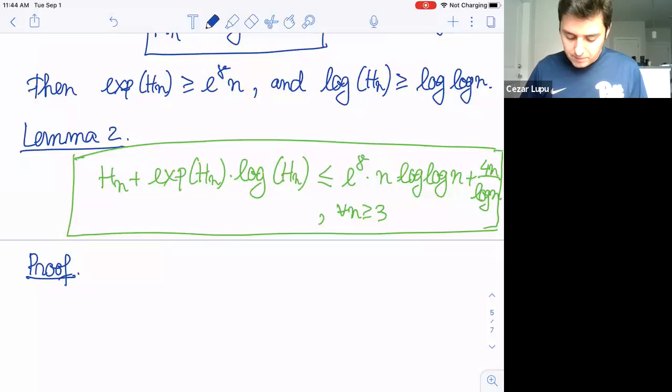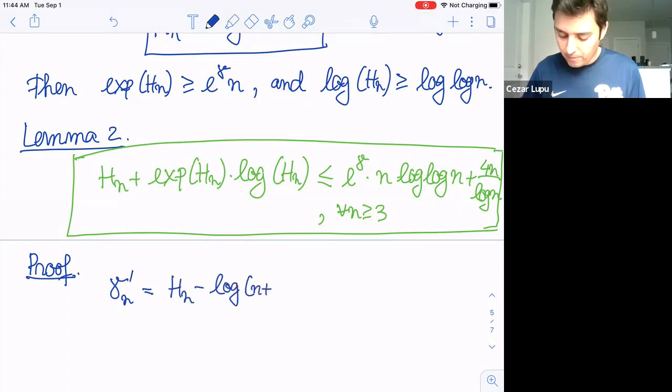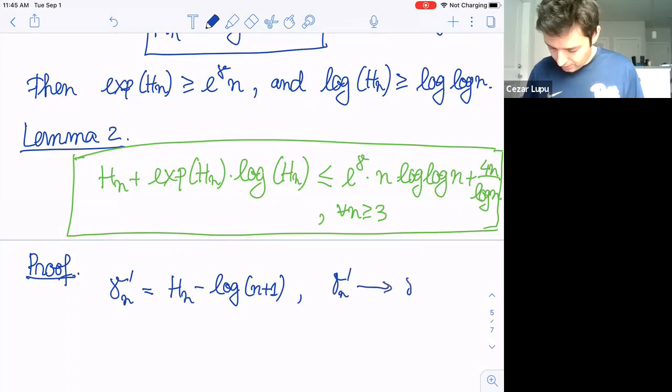Instead of, how should I say it, gamma prime of n, if we define this as hn minus log of n plus 1 this time, again gamma prime of n converges to gamma. That's obvious.